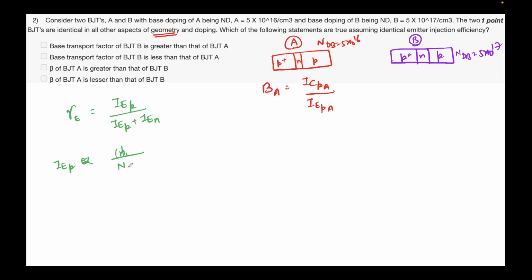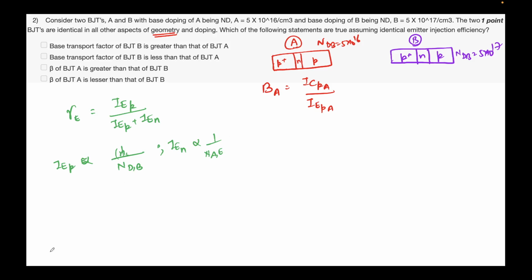In this case it is NDB. So IEP is inversely proportional to this. And IEN, on the other hand, is directly proportional to NAE, the acceptor doping in the emitter. But if their injection efficiencies are the same, correct, then we are dealing only in terms of ratios.